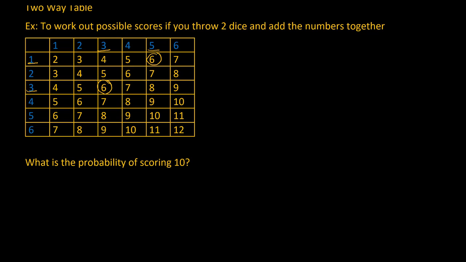So if we wanted to know the probability of scoring 10, we need to form up our fraction and we need our bottom. So we can see in this table all the possibilities, and if you work that out, we've got a 6 by 6 chart. Don't count the blue ones, that's the question part.